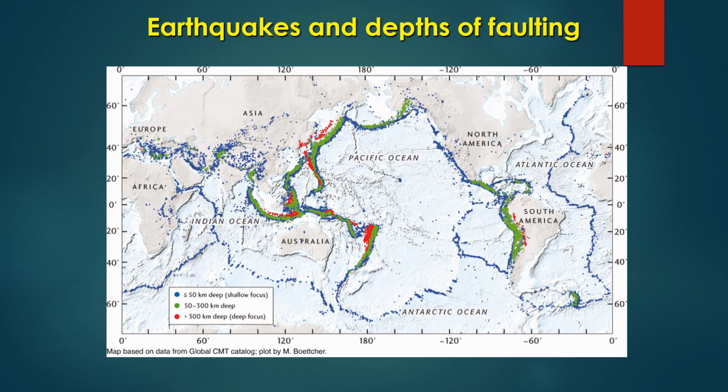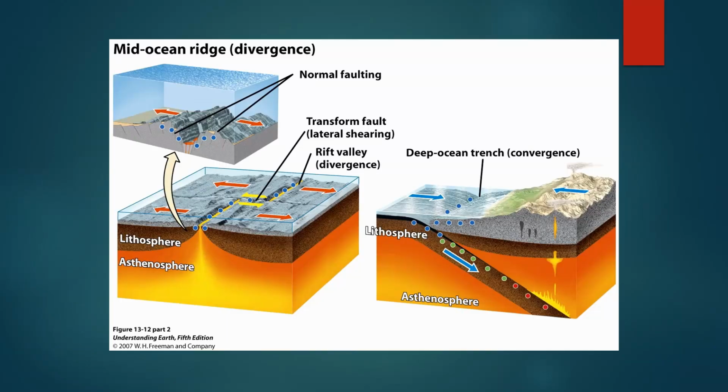From the color of the plots, we find that the depths of earthquakes are shallow at the divergent boundaries, while the earthquakes of deep depths happen at the subduction zones. This is because the divergent boundaries are associated with extensional forces and normal faults. The normal faults are all at shallow depth.